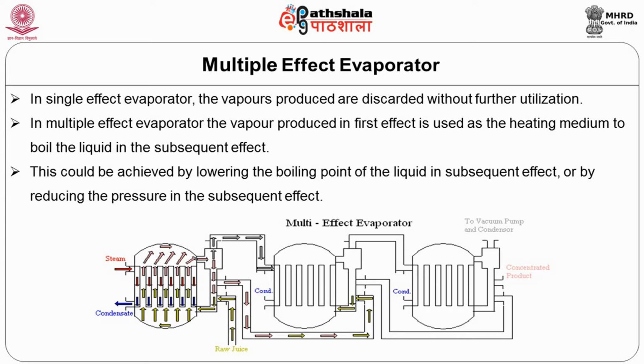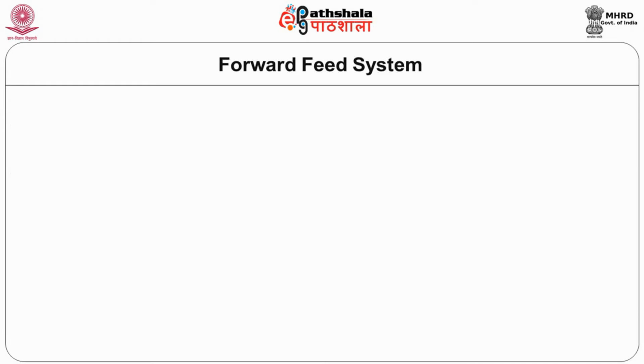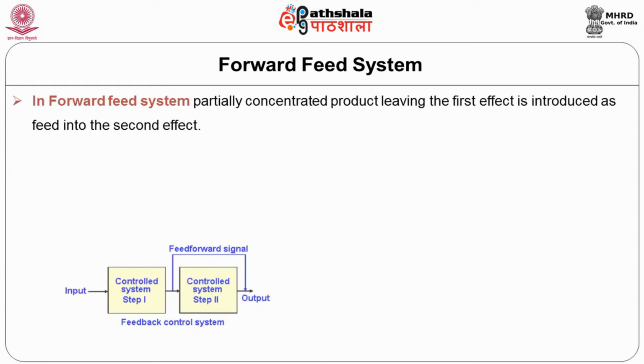There are two ways by which you can feed the liquid in a multiple effect evaporator. They are forward feed system or backward feed system. In the forward feed system, the partially concentrated product leaving the first effect is introduced as feed in the second effect.